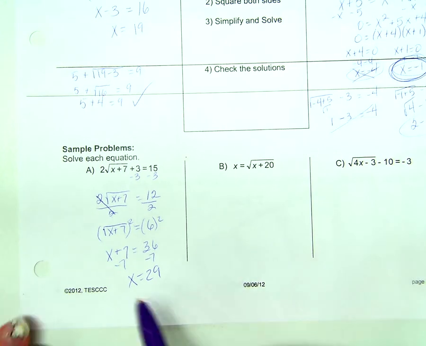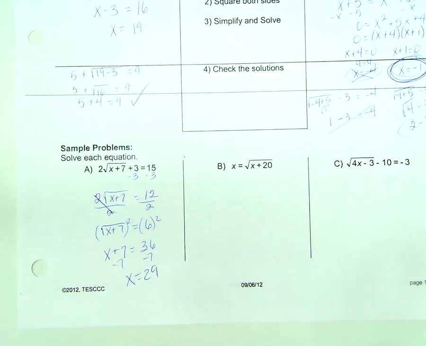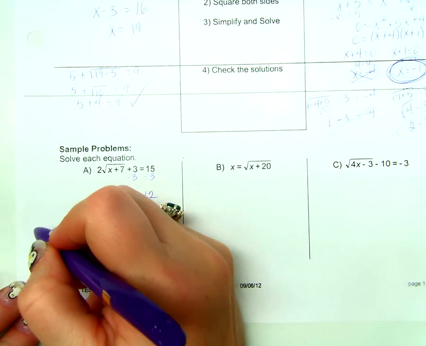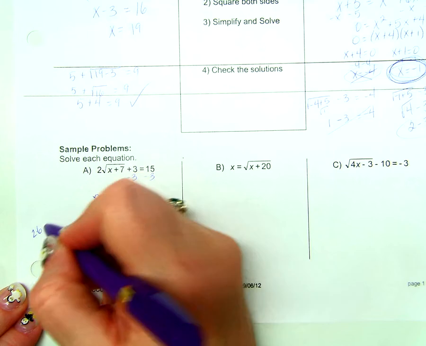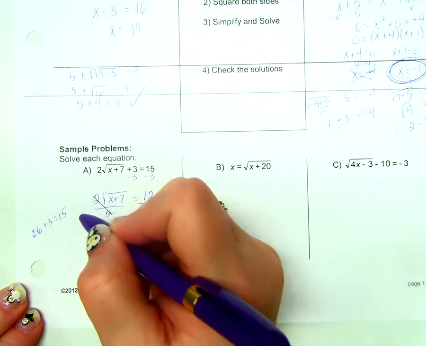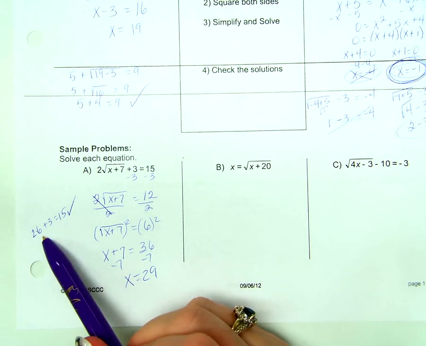Now, show me on my paper right here where I just checked my work. Are you required to write something down? Is it a good idea to do something like 2 times 6 plus 3 equals 15? Okay, did it. Isn't this my proof that I checked my work?